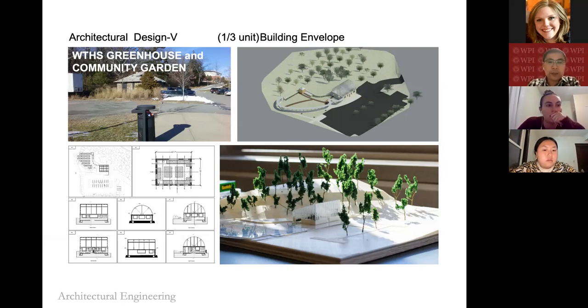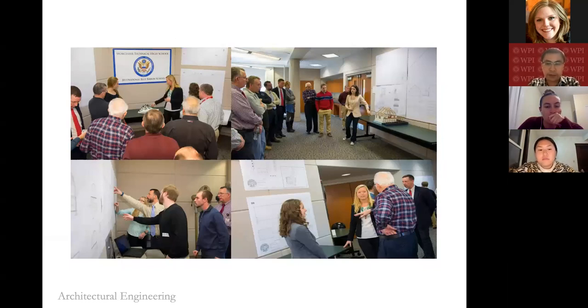Some could be implemented in reality, not only focused on the design phase or on the paper level. And at the end of the MQP, we invite external reviewers to review the students' work, to provide their comments and connect to the field.